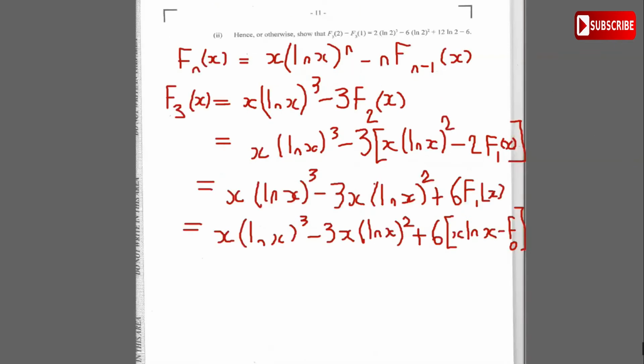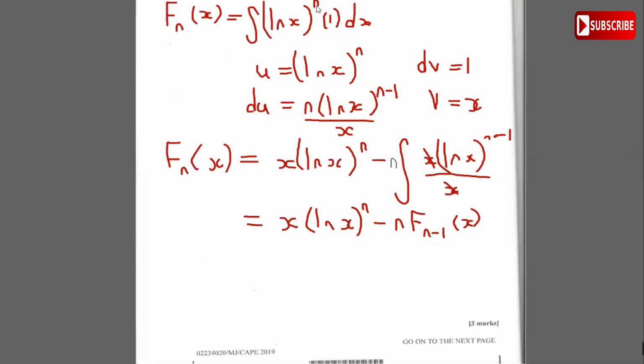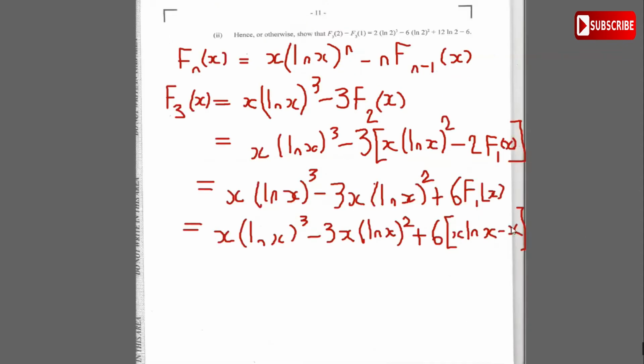So f naught is equal to x. Let's do that one more time. To find f naught, you put n as 0. You get ln x to the 0. Anything to the 0 is 1. And so the integral of 1 is x. So this is just x.